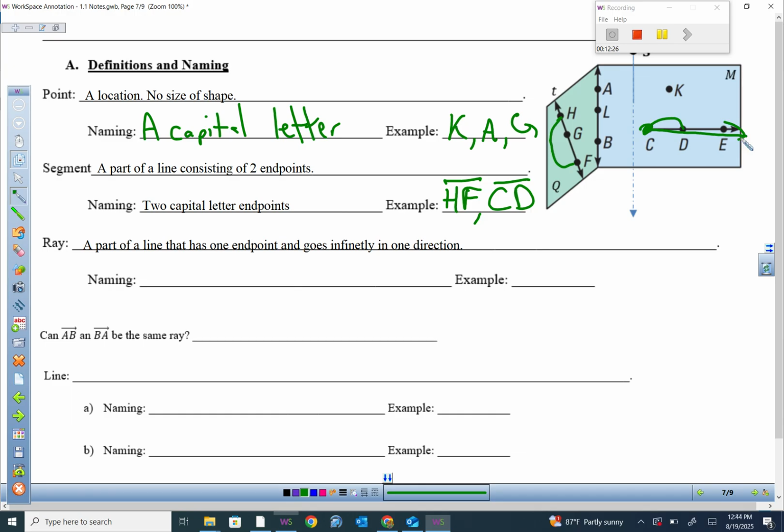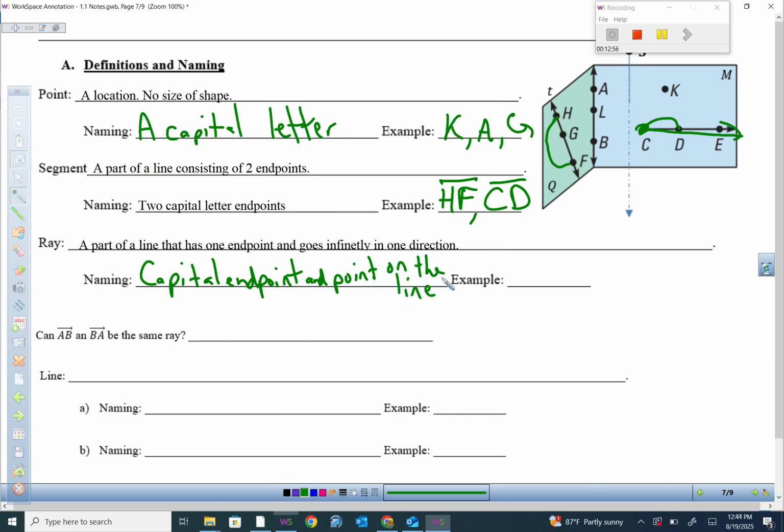So an example: the things you have to have is, again, a capital endpoint and a point on the line.